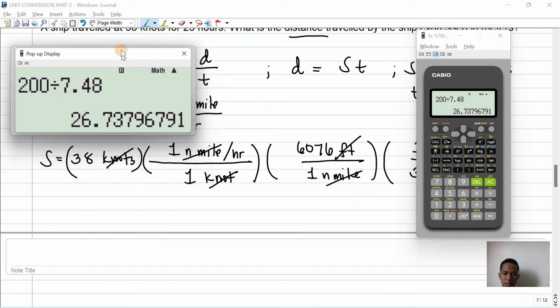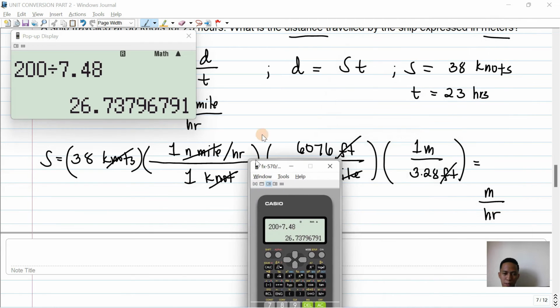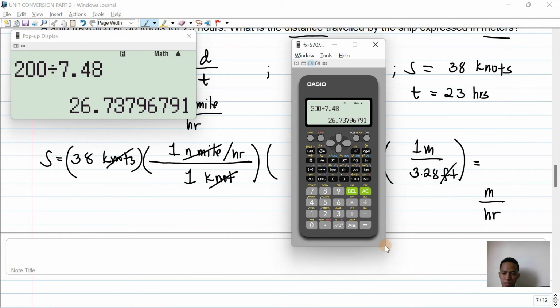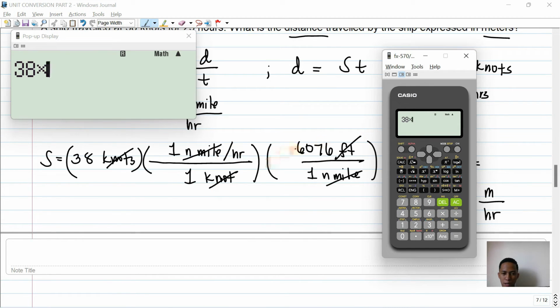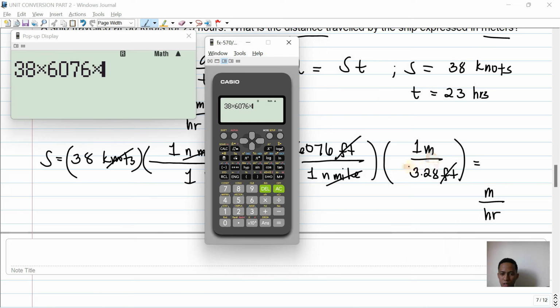So that gives us, okay, palitin lang natin so that you can see the screen. Okay, ito na lang. So 38 times, you have here 1 over 1 lang naman yun. So huwag nang isama. So ito na lang, 6,076 times, we have here 1 over 3.28.